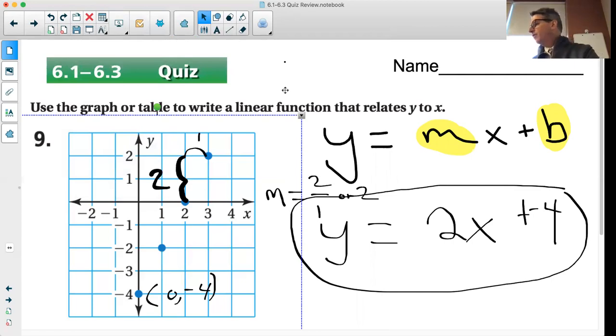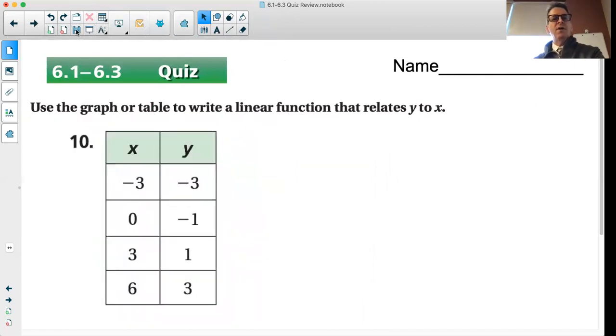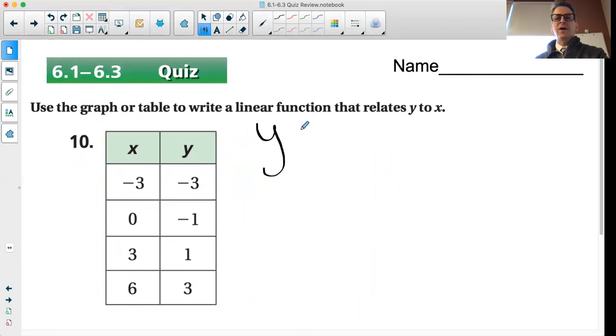Number 10, use the graph or table to write a linear function. Here comes a table. All right, so when you look at your x and your y, you're still going to look to see if you can find that slope, and find that intercept, and then you can go and finish off your equation.